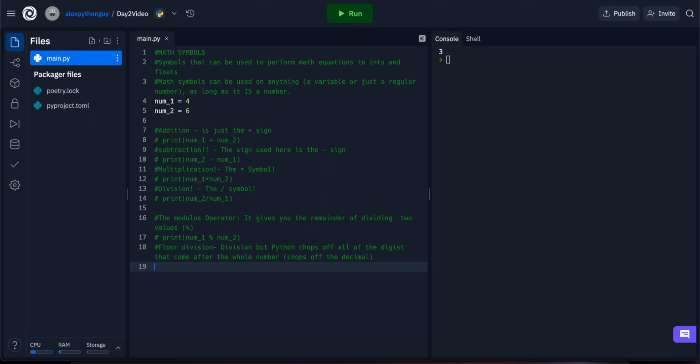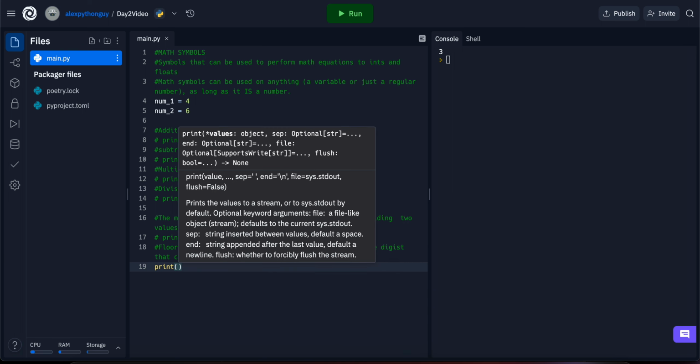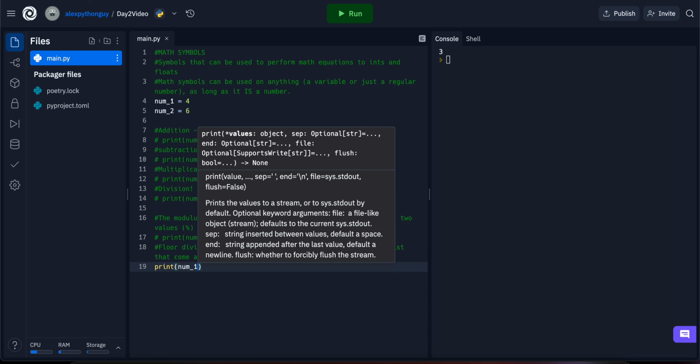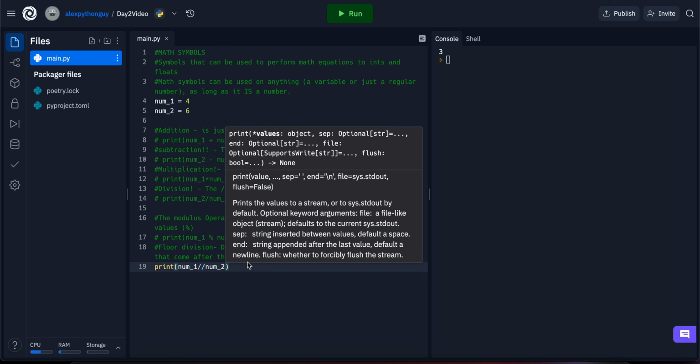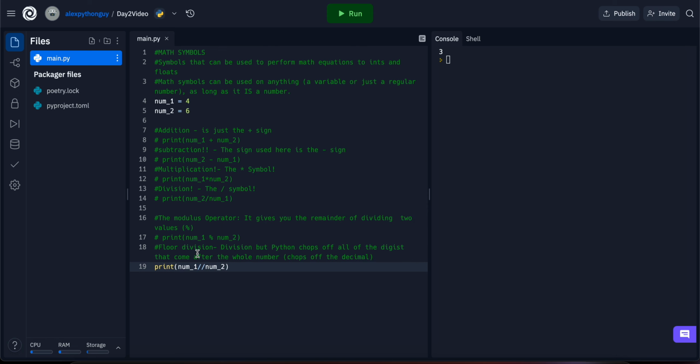Now let's see this in action. Let's print num2 floor divide, which is 2 slashes, num1. Let's run it. And we just get 1. But if you remember, when we just ran normal division, we got 1.5.